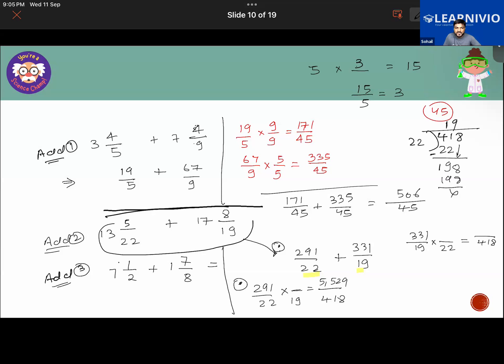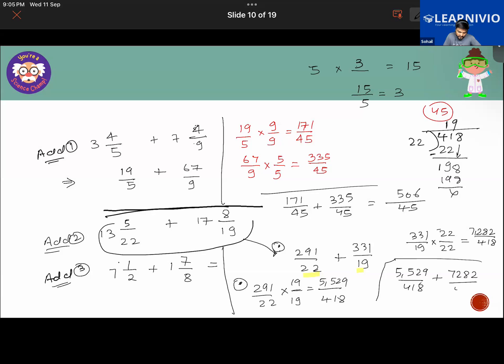So if this denominator is getting multiplied with 22, the numerator 331 will also be multiplied with 22. Upon multiplying with 22, you'll be getting 7,282.